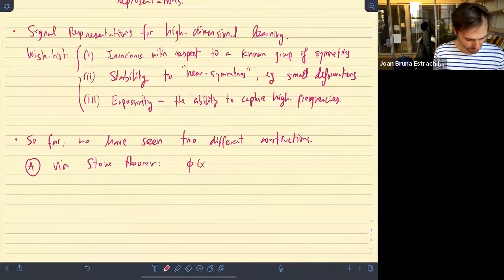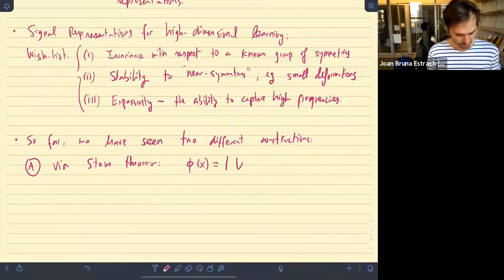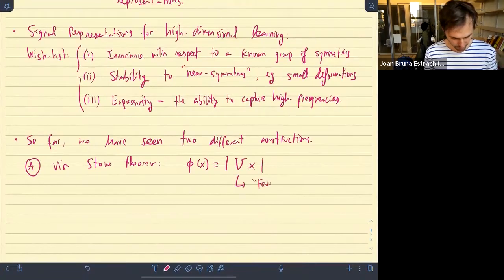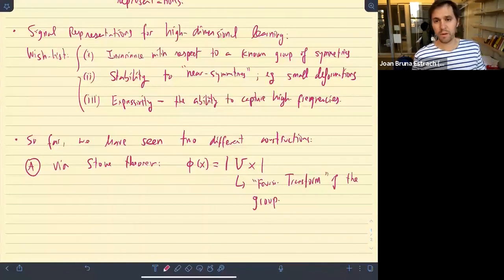So we decided that phi of x was the modulus of a certain Fourier transform, what we call the Fourier transform of the group. And we saw through this theorem that there was a one-to-one correspondence between a group that had certain nice abelian structure and these self-adjoint operators that admit this kind of Fourier transform.